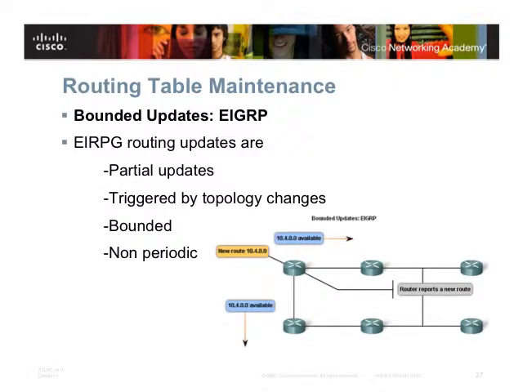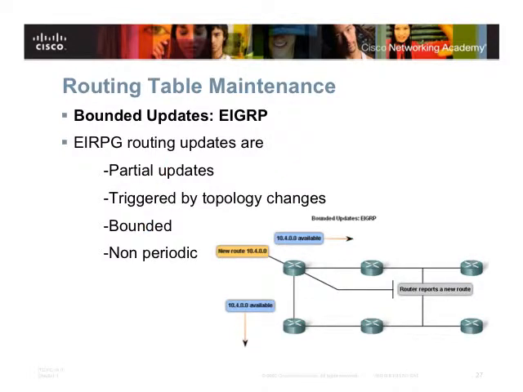And they do not use broadcast. So EIGRP is the only exception in the distance vector routing protocols that does not use periodic updates. Instead, it uses what we call partial updates, triggered updates, and bounded updates.